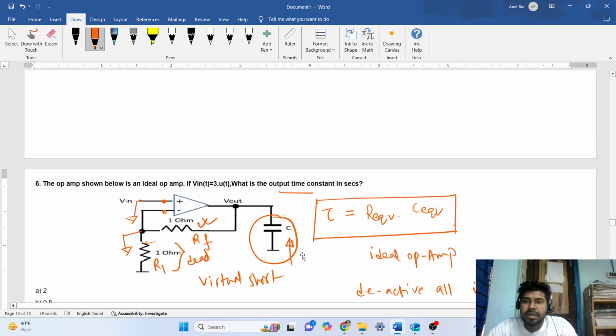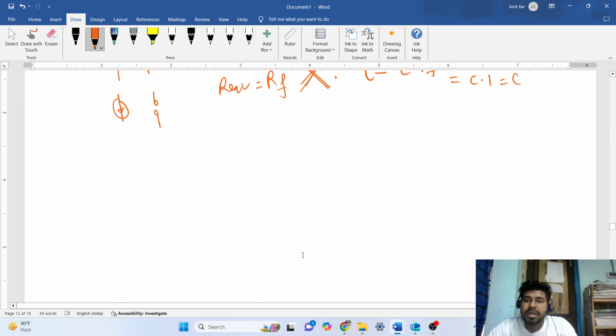So let me draw the internal structure of an op amp, then you will understand.